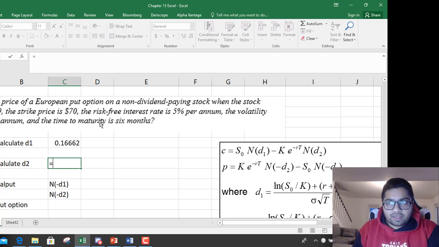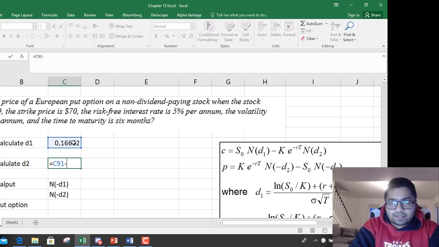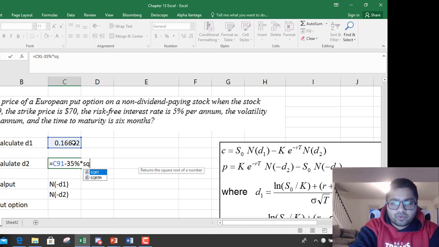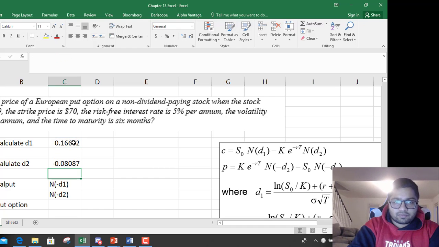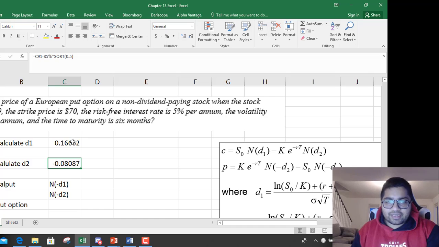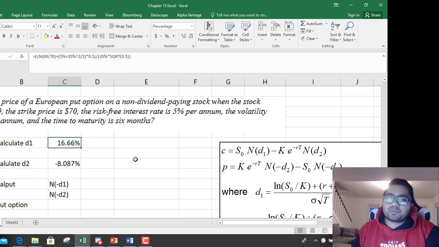Let's calculate D2 now. D2 is D1 minus sigma, so 35%, times square root of T, 0.5. So D2 is negative, so let's do it in percentage, it doesn't matter whatever values you get, and 16.66. So this is given.